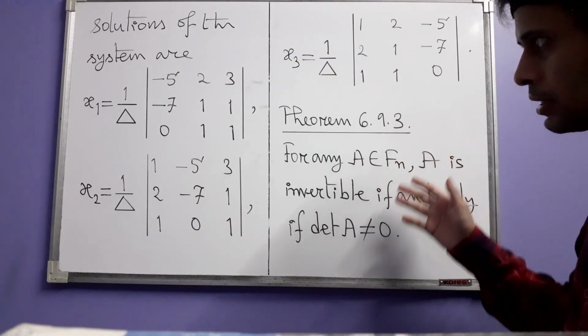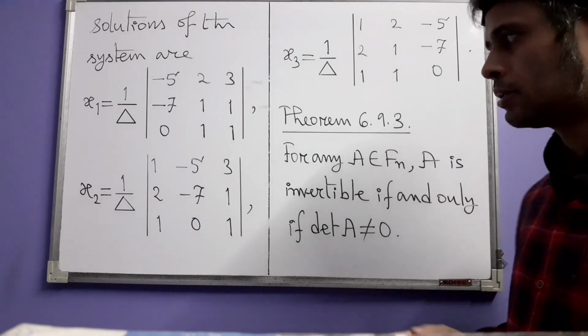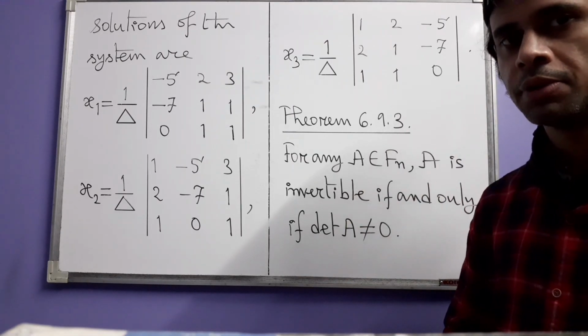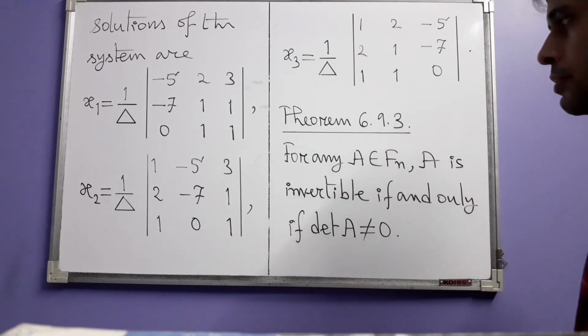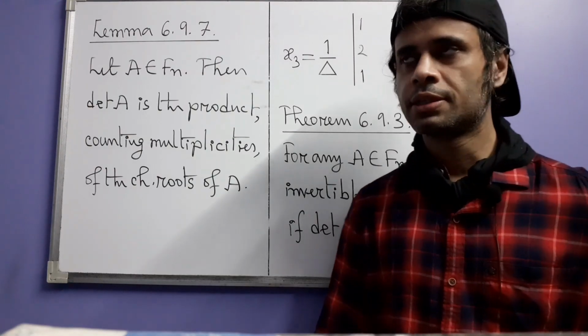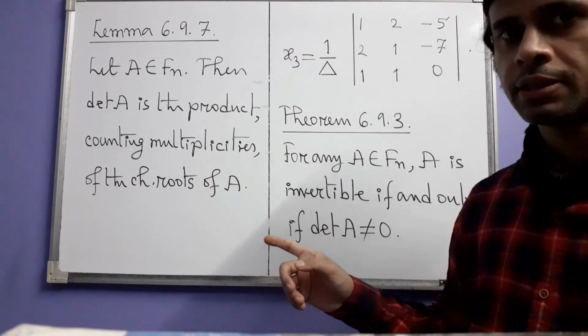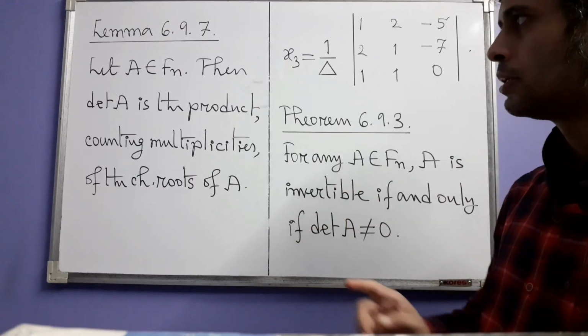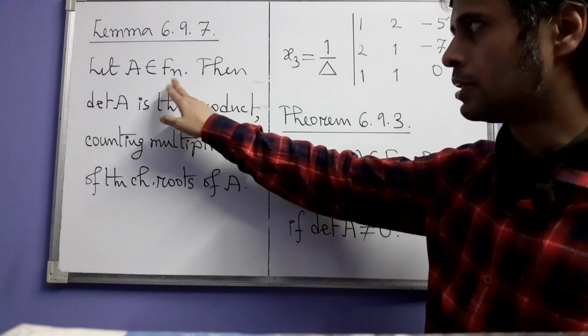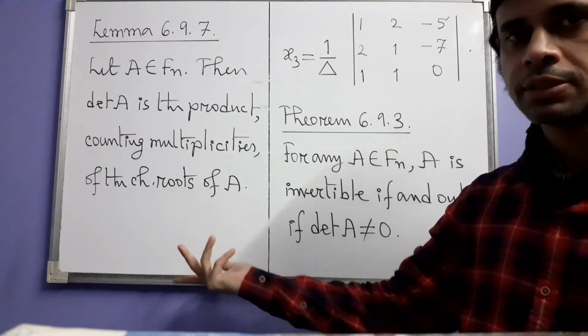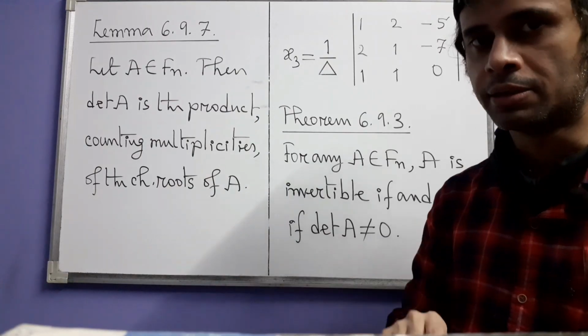So here we are just going on seeing the results, and once this gets over, we will start solving the exercises. This next lemma 697 is about the relationship between the determinant of a matrix and its characteristic roots. For a matrix A in Fn, its determinant is the product of its characteristic roots counting multiplicities.